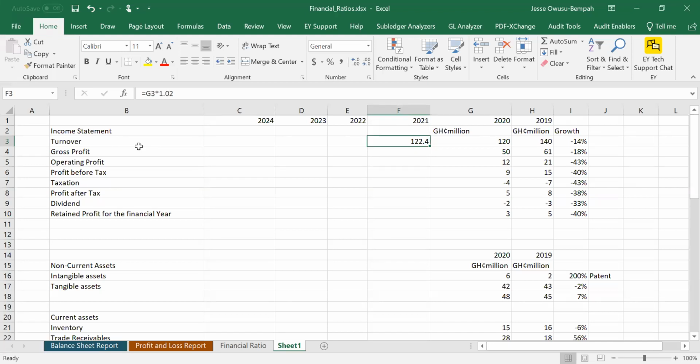This is thinking aloud. So if cost of sales is 70% of turnover, what does that mean for your calculation? It means that your gross profit will be 30% of turnover. True or false?